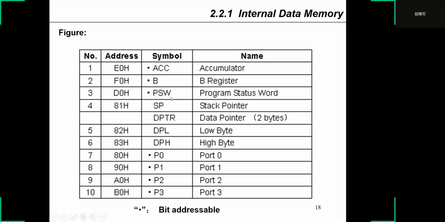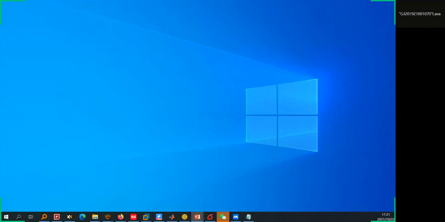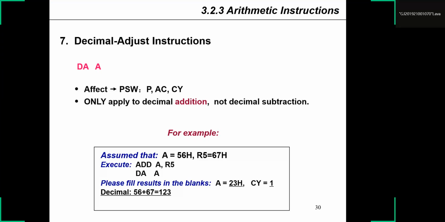We have PSW, program status word. Seven: decimal adjust instruction, DA. It affects PSW: P, AC, CY. It is only applied to decimal addition, not decimal subtraction.